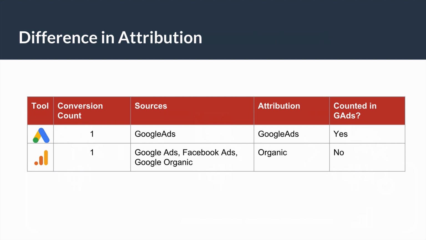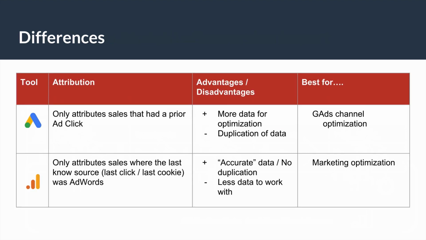But Google Analytics looks at a broader perspective and it will only count the last known source. In this case, it was organic, and therefore it will not send any data on to Google Ads. So you would not see this conversion in Google Ads if you only had the import functionality of Google Analytics installed. Again, the difference here is the attribution rule that is employed.